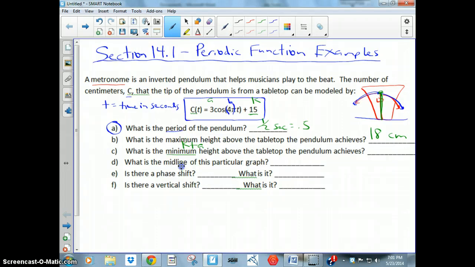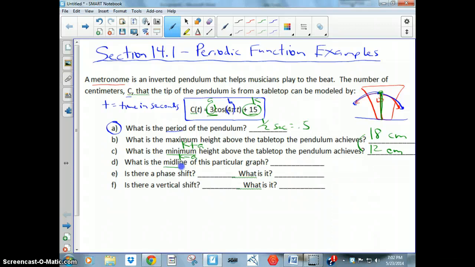C. What's the minimum height achieved? If you remember, minimum is K minus A. 15 minus 3 would be 12 centimeters. And you can test to see if the amplitude is correct, because the amplitude is 18 minus 12 divided by 2, which is equal to 3, and that certainly is our A value. So we're right on the money.